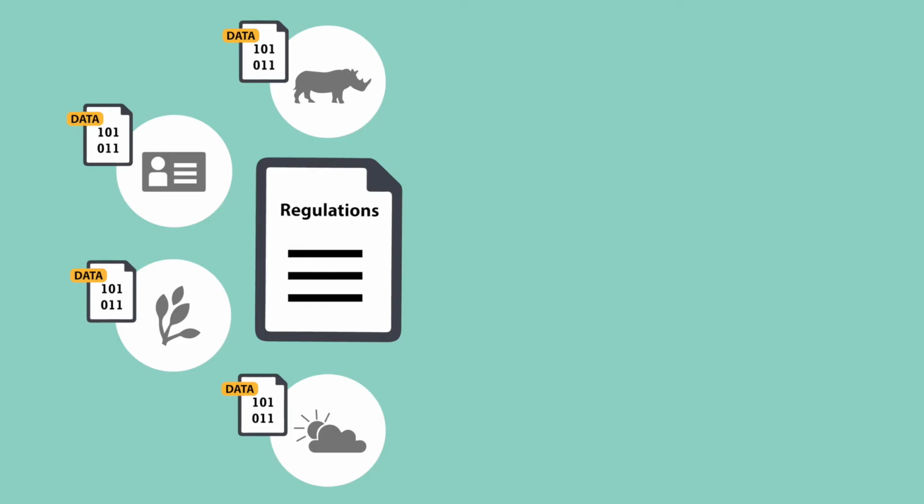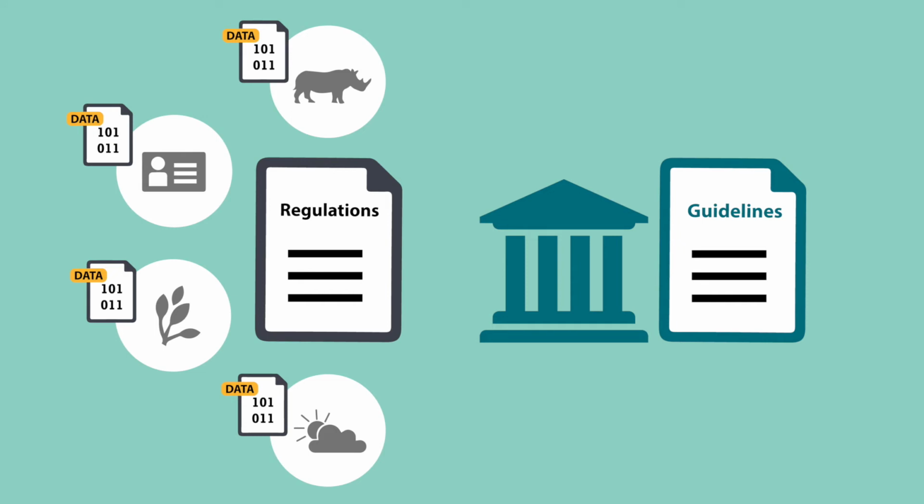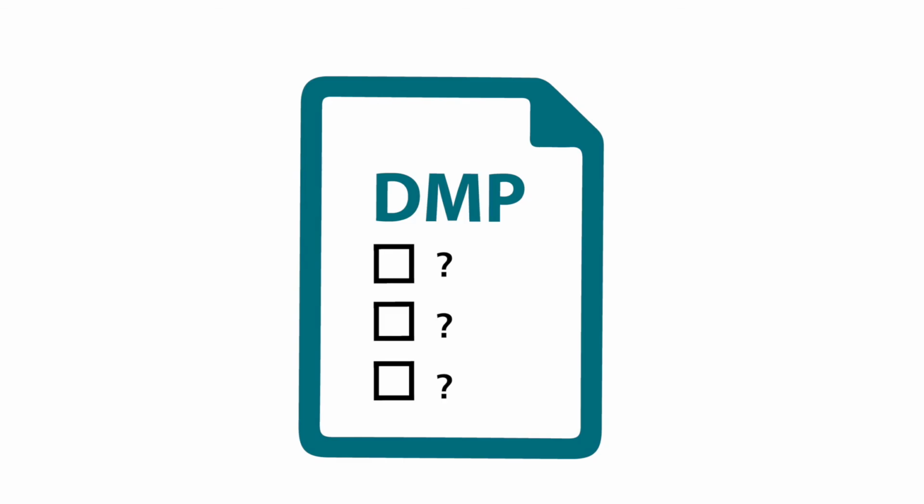When deciding on a preservation strategy, it is a good idea to check the rules and regulations governing your type of data, as well as guidelines at your institution or research group to determine which data to preserve, how and for how long. You have now seen examples of questions you can expect in a data management plan and examples of how you could answer them.